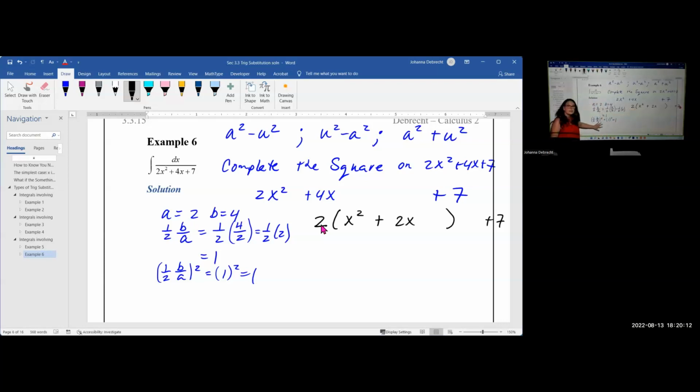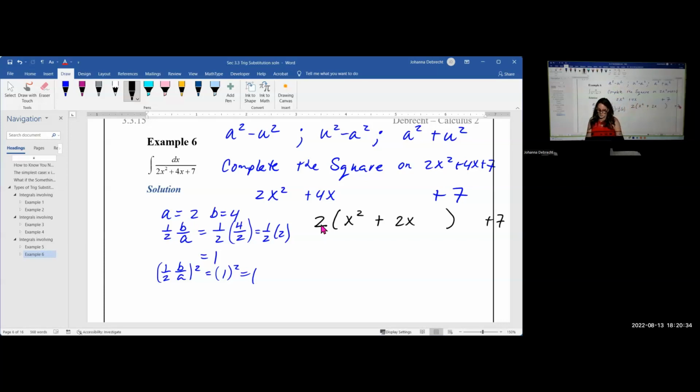I've built what I needed to do the completing of the square. I take this half of B over A and I square it, and that gives me a plus 1. This plus 1 has to come in here, but it was not originally in the problem. So far, this is equivalent to the original, right? I haven't changed it yet.